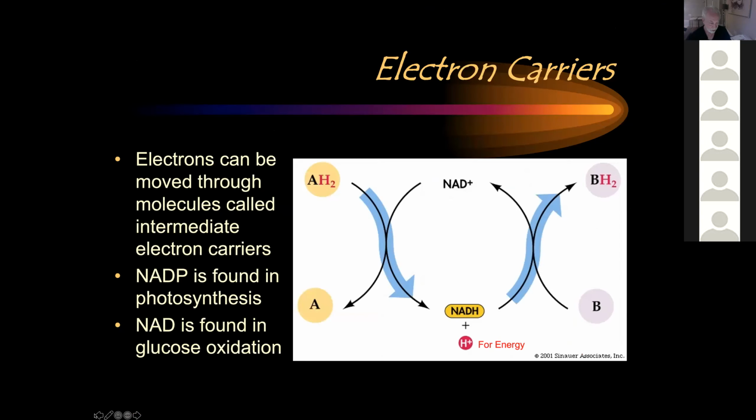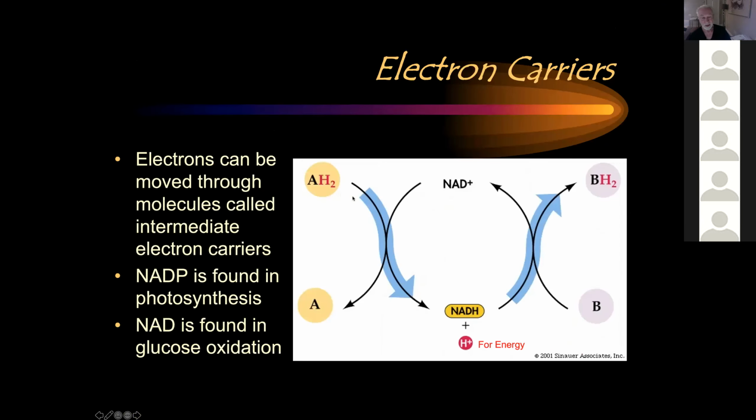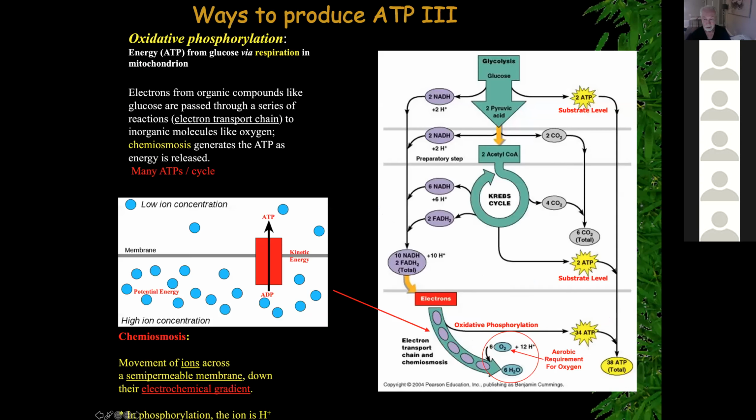And I just wanted to remind you, when we go back here, during oxidative phosphorylation, as electrons move through the membrane along the electron transport chain, what's really happening is a series of these handoffs where electrons are handed off from a substrate to a carrier, and this carrier hands off to another carrier, and they keep going from one carrier to the next until the end, till they finally hand off to water, or to oxygen to make water.